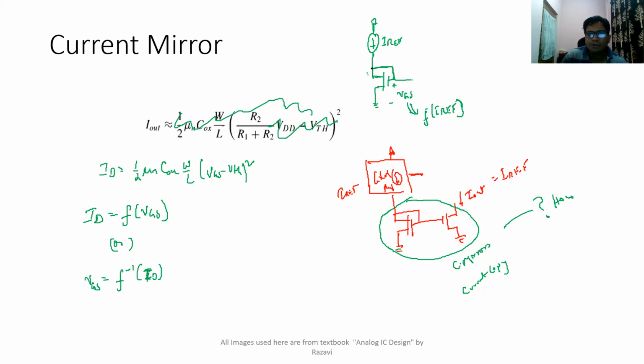Why do we need to short the drain and source? When you short drain and source, your VDS will be equal to VGS. First of all, why do we need to short this drain and source? Because this current, the f of VGS we are talking about, we have derived from this equation.